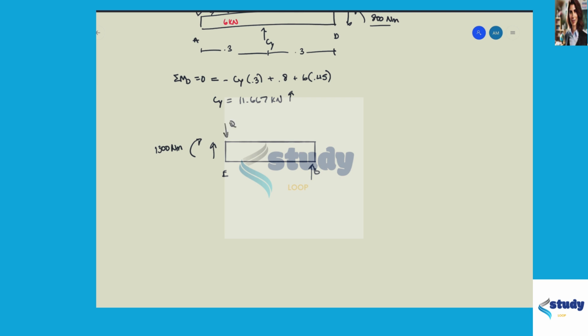We have Q. And this entire thing is 0.3. So we're going to take the moment at E, which is just B times 0.3 minus 1.3. And B ends up equaling 4.33 kilonewtons.